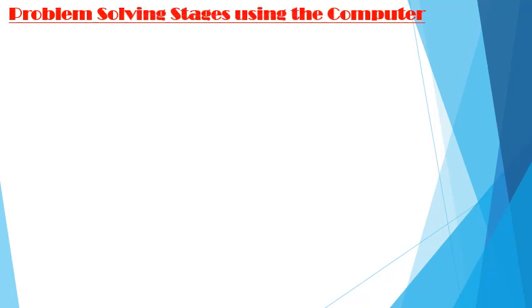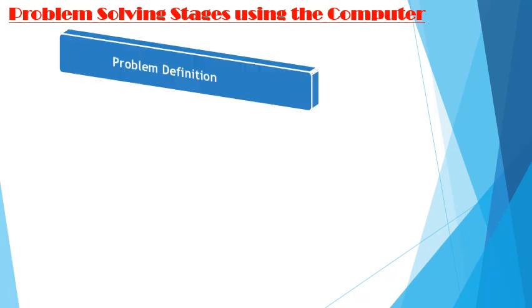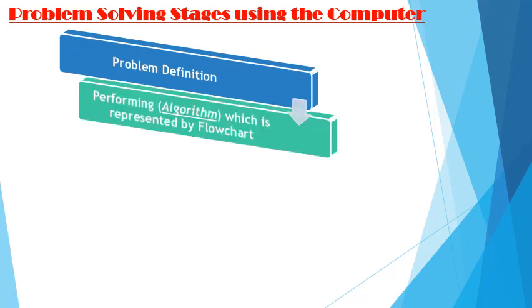In the previous lesson, we learned about the problem and the problem-solving stages, which are problem definition, where we define three things about our problem: output, input, and the solution steps or the solution operation.